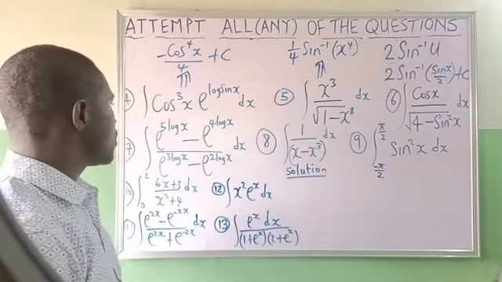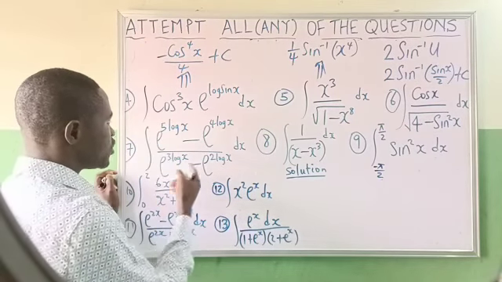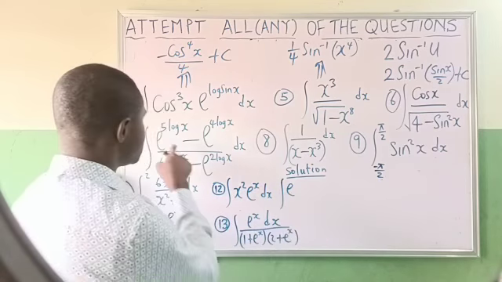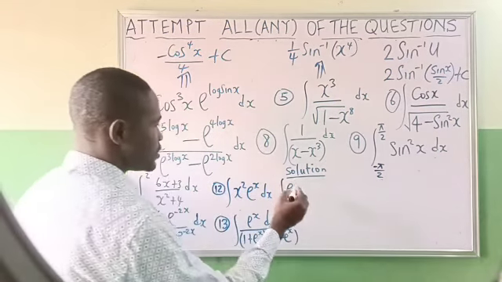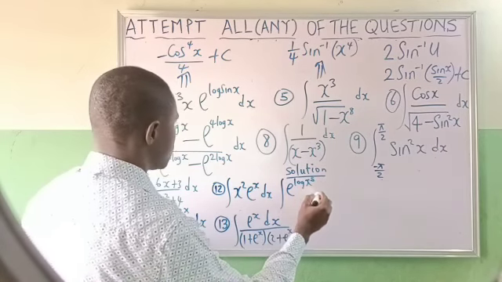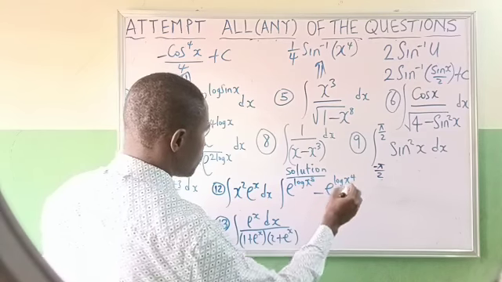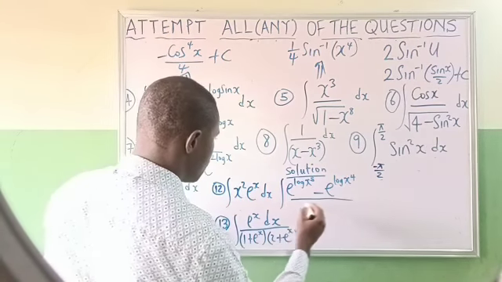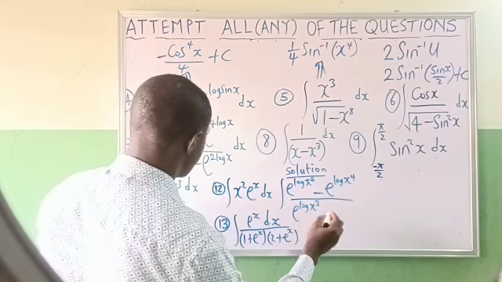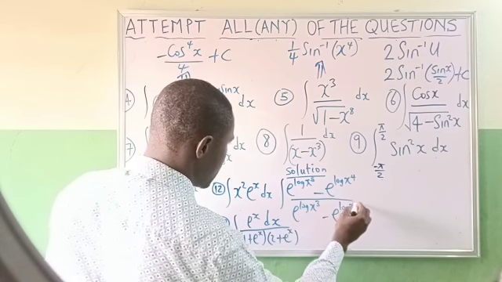We go to question number 7. It is important to note that this expression simply means the integral of exponential log x raised to the power of 5 minus exponential log x raised to the power of 4, all over exponential log x raised to the power of 3 minus exponential log x raised to the power of 2.